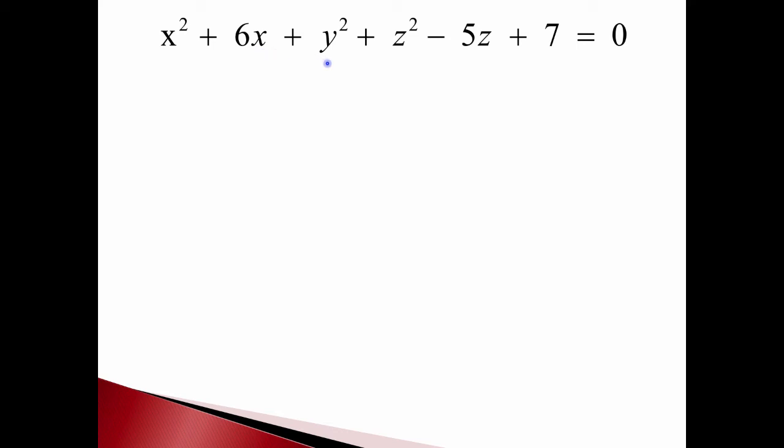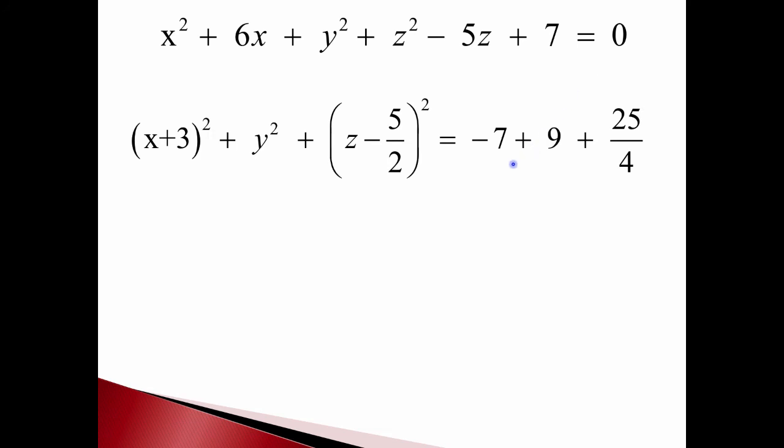Then the y squared is fine like it is because there's no other y. But the z squared minus 5z, we'll have to complete the square there too. And when we add things or subtract things to complete the square, we'll have to balance everything out so that it all works. So let's take this 7 and bring it to the other side as a negative 7.